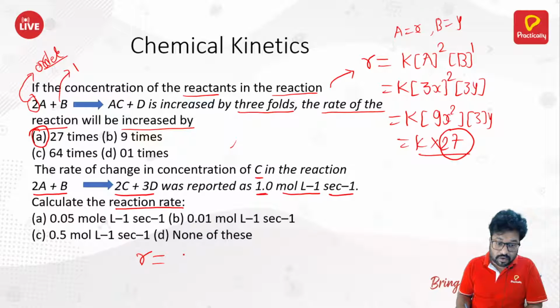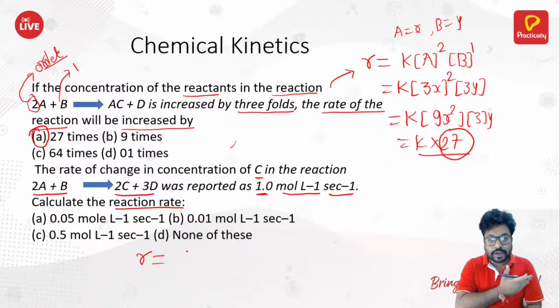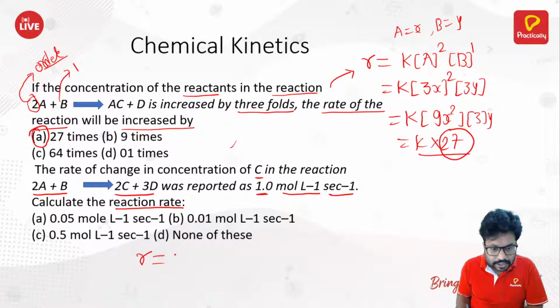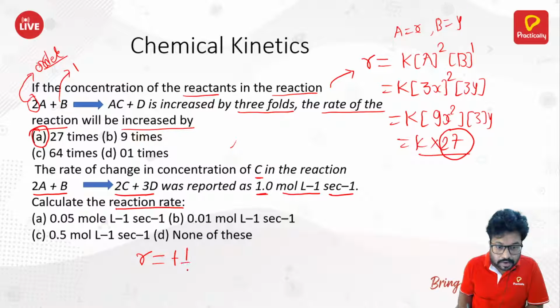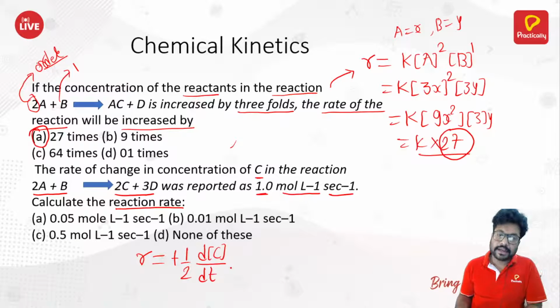As we all know, we had seen with the two numericals already in the first and second slide, the rate of this reaction as far as C is concerned would be equal to plus 1 by 2 into the rate of change in concentration of C, dC by dt.